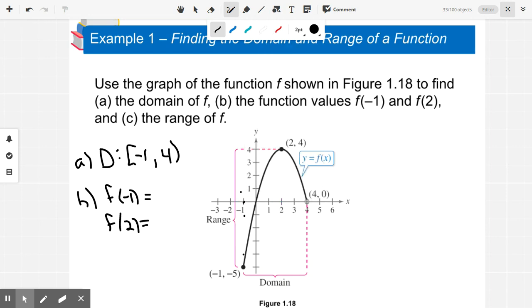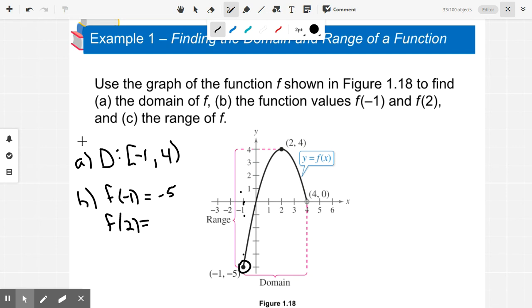If I want to find its function value, I find where the graph meets -1, and it's right here at the point (-1, -5). When x is -1, y, or f of -1, is -5. So that's how I can use a graph: I go to that x value, and then I intersect the graph at that x value and find that point.